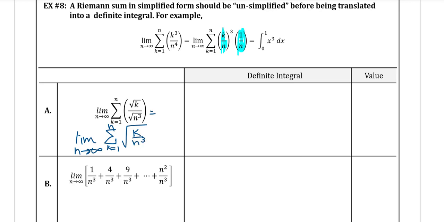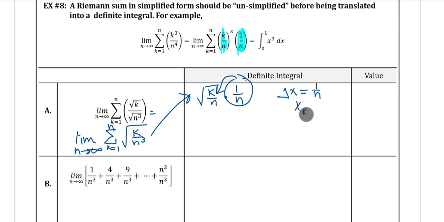So I can really think of that part as the square root of k over n times 1 over n, without the square root. Because if I were to put this 1 over n into the square root, I would have to square it. So now I can see that my delta x is 1 over n, and my x sub k is going to be k over n.